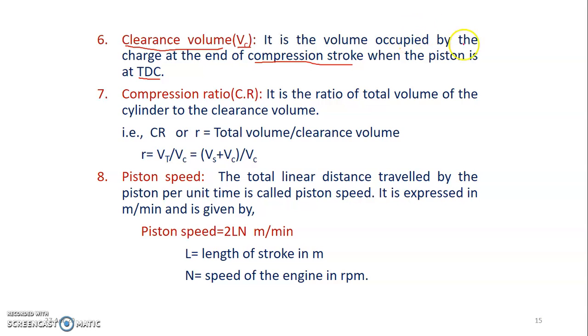Here, what is charge? That is very important. Charge is the mixture of air and petrol in the case of a petrol engine. The volume occupied by the charge when the piston is at top dead center during the compression stroke is called the clearance volume.